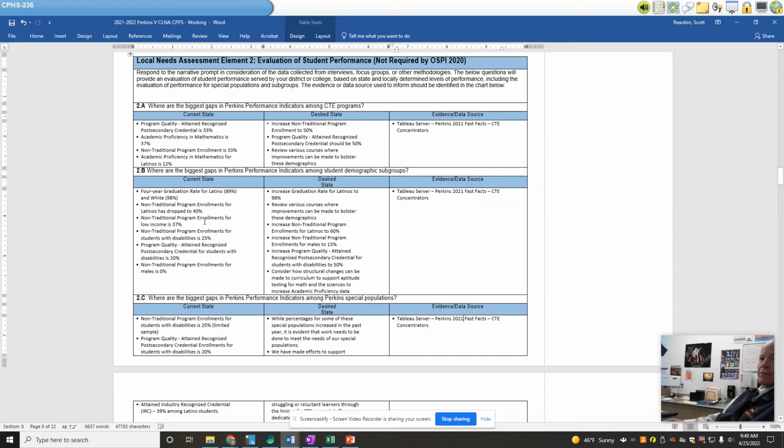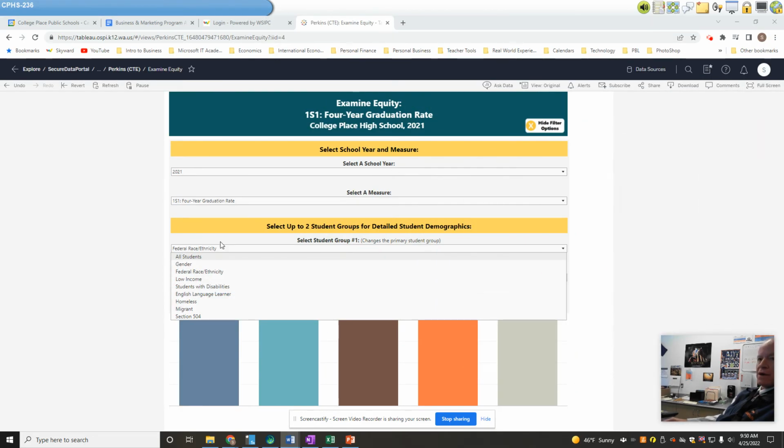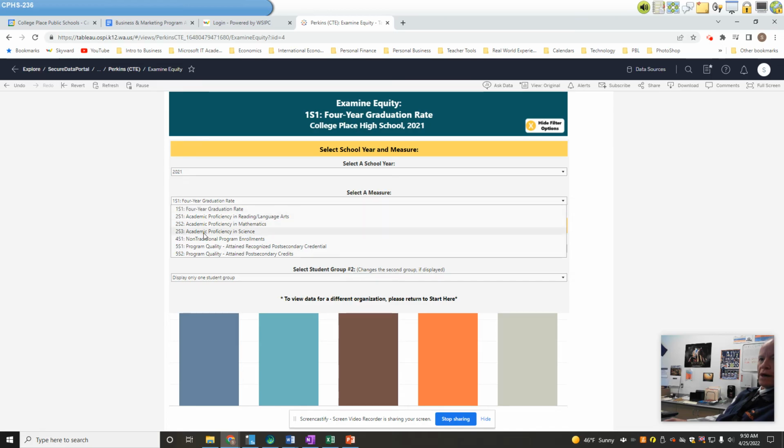I'm dropping those various indicators from the Tableau server into my write-up. So if someone's taking this on after me, you would essentially review what was in the CLNA previously, go through the Tableau server, and mess around with these various credentials for each one of these areas.